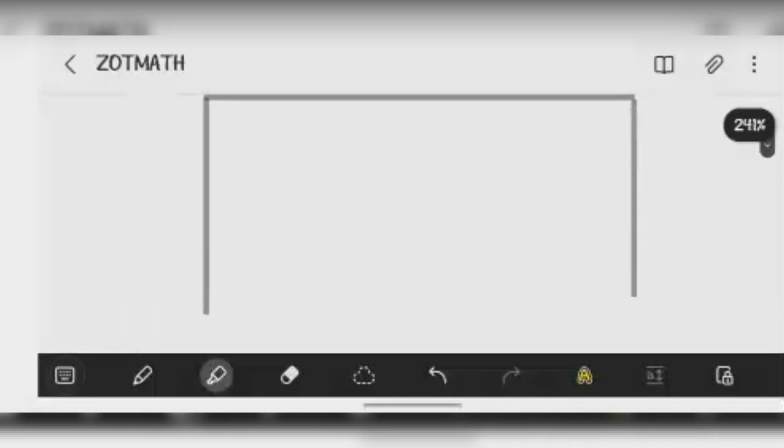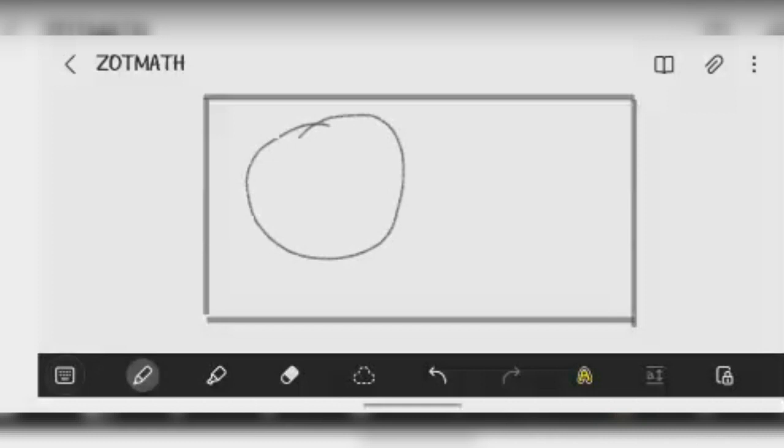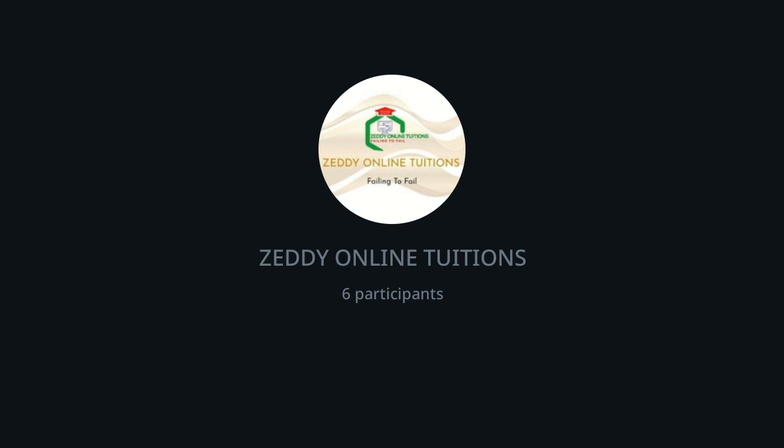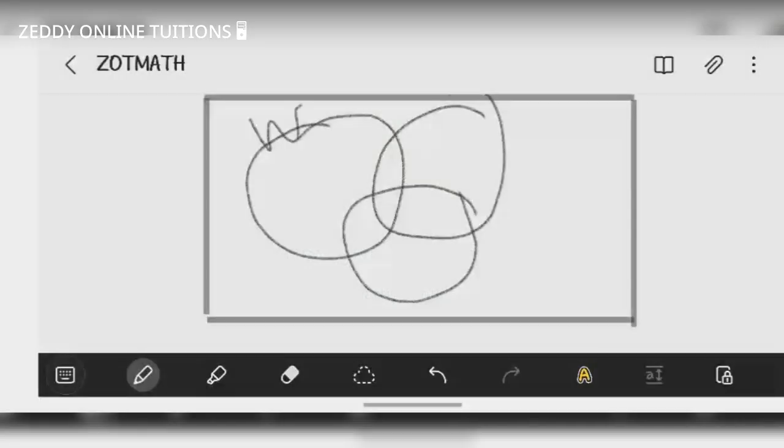So let's draw our Venn diagram here. Once we are done drawing it, we'll denote walking by W, then running by R, then cycling by C. Okay, that is how we're going to do it.